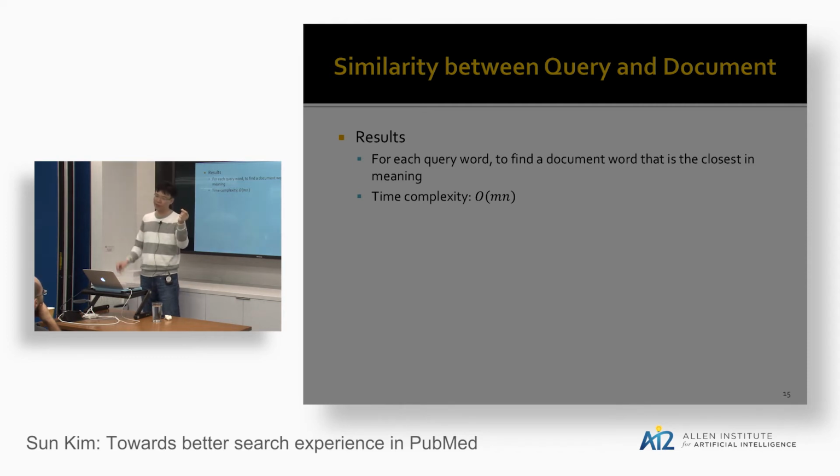So for each query word, if we find the closest word from the document, that always gives the maximum value because they are closely related in the semantic space. Then it's going to give a higher cosine similarity. If they are the same, it's always 1, right? And for every document, it has a number of words. So for each query word, find the closest one from the document, and for the next query word, find the closest one, match those, and sum them up.